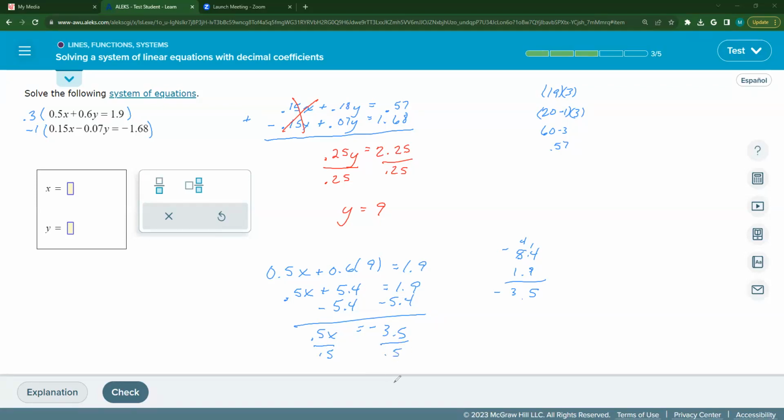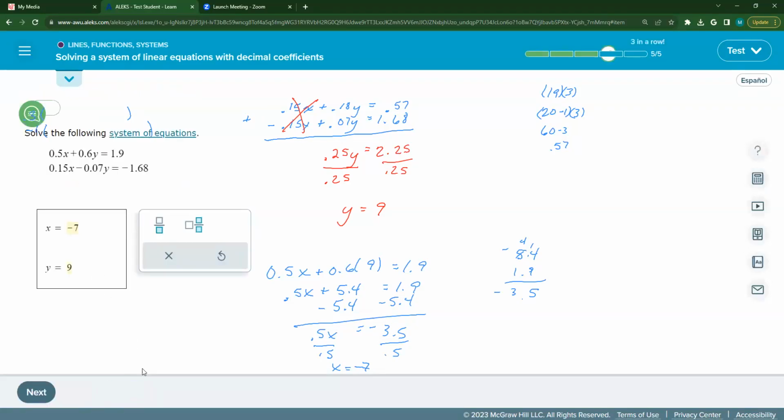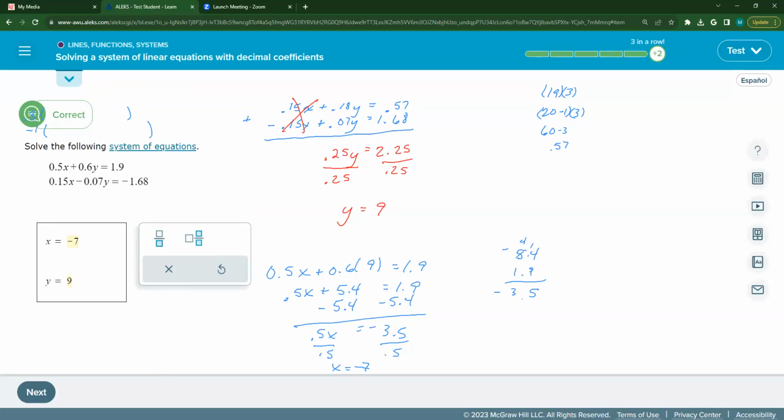I could move my decimals, and 5 goes into 35 7 times. So x equals negative 7. Typing my answers in. I have negative 7 for x and 9 for y. And we will check. And we are good with this topic.